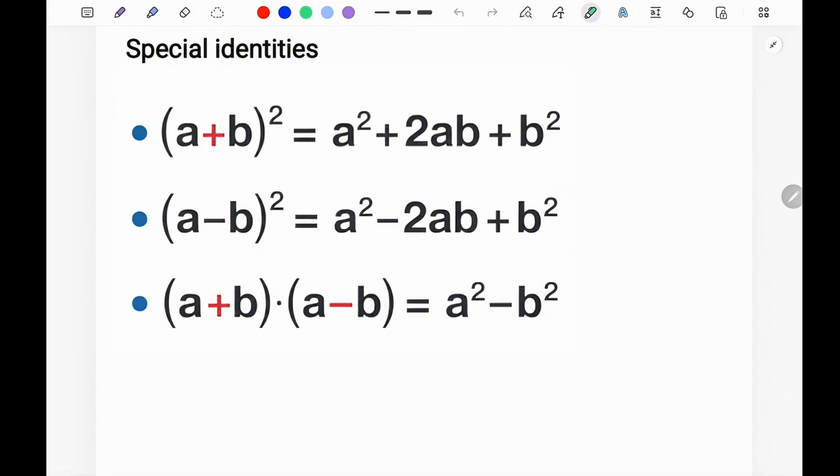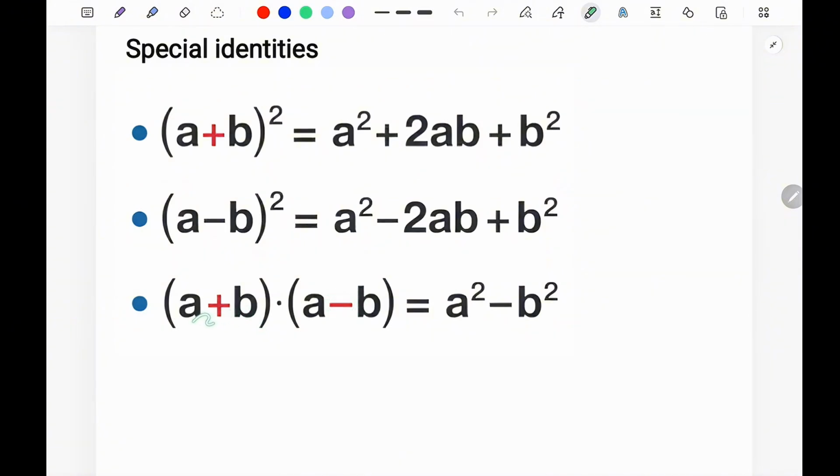And the third type of identity is when you have the sum and the difference of the same terms. You can see that the first term in both is a, and the second term in both is b. In the first set of parentheses there is a sum, and in the other set of parentheses there is a minus.